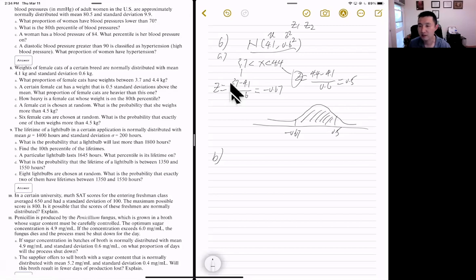If it's a positive value, for example positive 2, that means it is 2 standard deviations to the right of the mean. So the question tells us 0.5 standard deviation above the mean. So the z value is equal to what? Anybody want to guess? The z-score for that is what?